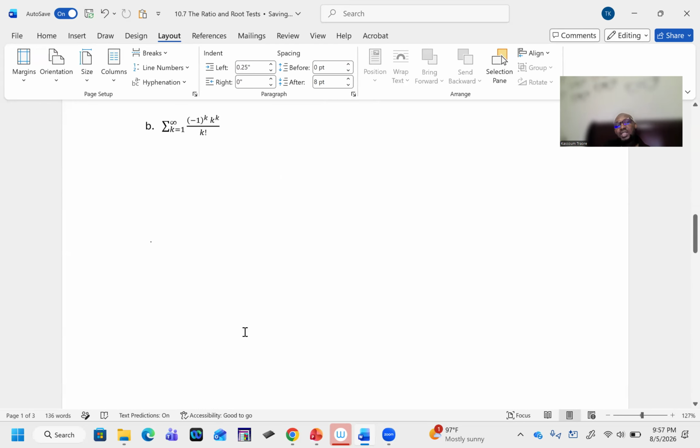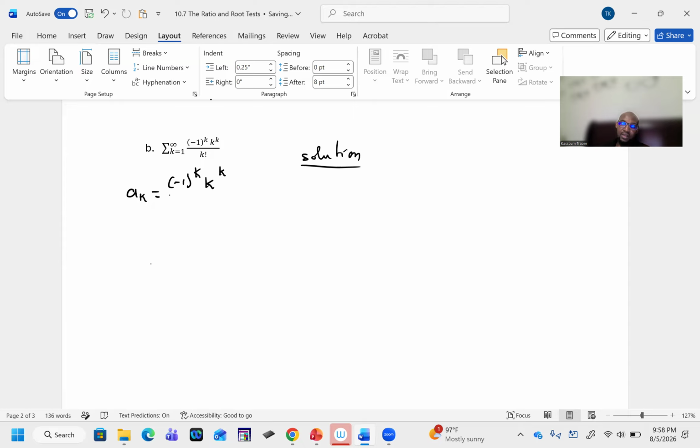Okay, we'll do the same thing for B. Again, for B, we have to establish our a sub k and a sub k plus 1. So our a sub k is negative 1 to the power of k, times k to the power of k, divided by k factorial.